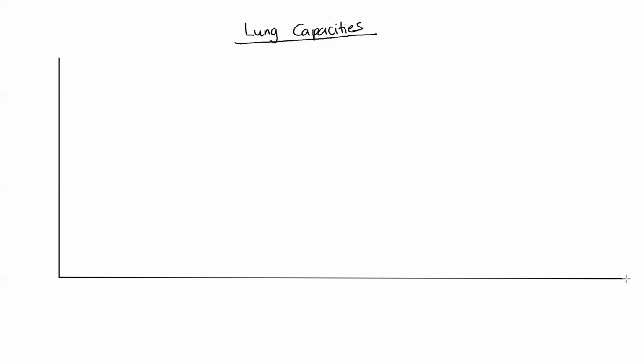Okay, so now let's shift gears here and look at the lung capacities. These are the volumes that we can deduce by combining two or more lung volumes. So these are our lung capacities. I'm going to create a similar sort of outline here.